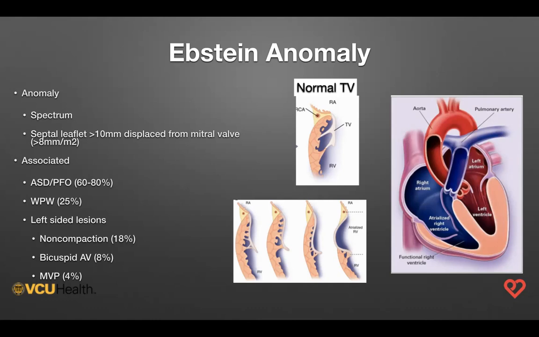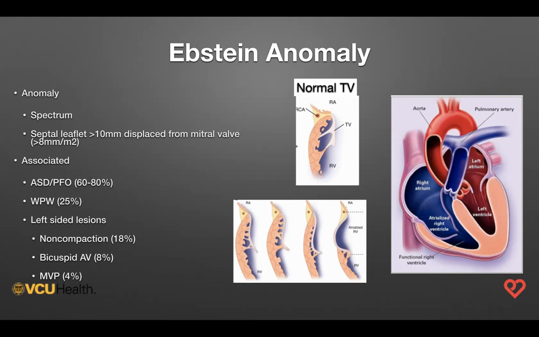If you look at the top, there's a normal tricuspid valve, and you look at the attachments of that anterior leaflet. As the Ebstein's anomaly is on the spectrum, the bottom image shows you the spectrum where the anterior leaflet is connected, more connected, very much more connected by the third image.